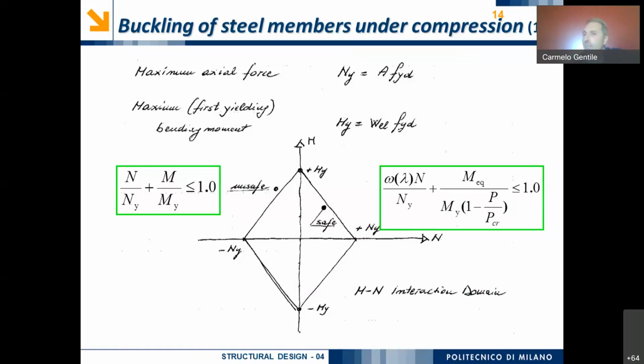When I use chi, I decrease the value of the strength. When I use omega, it is an amplification factor applied to the value of the axial force. More clear? Yes, thank you so much. Okay. Any other questions?